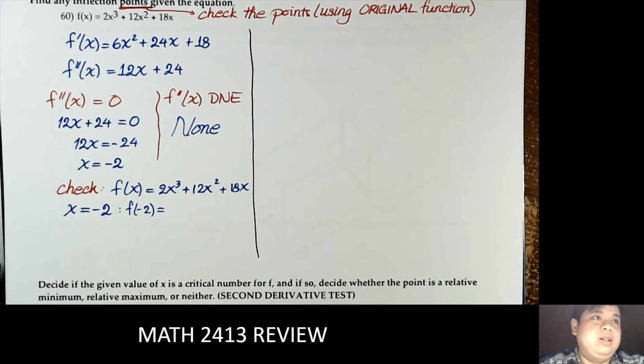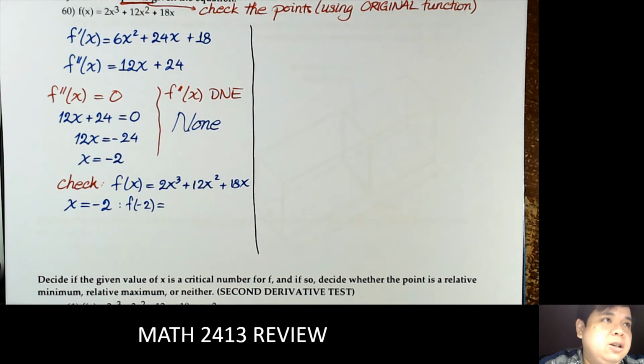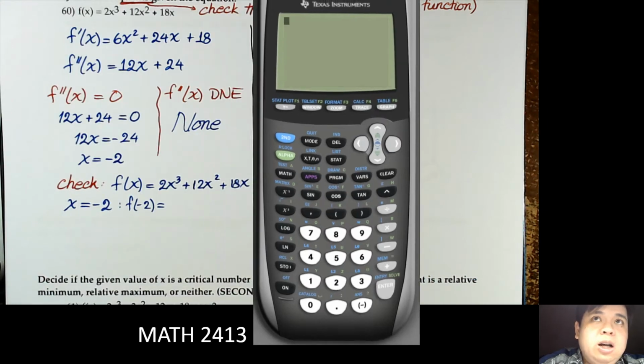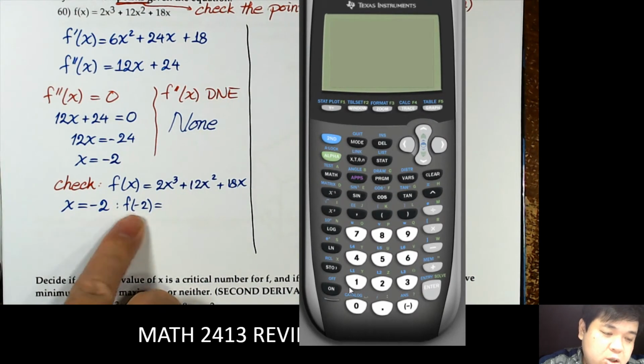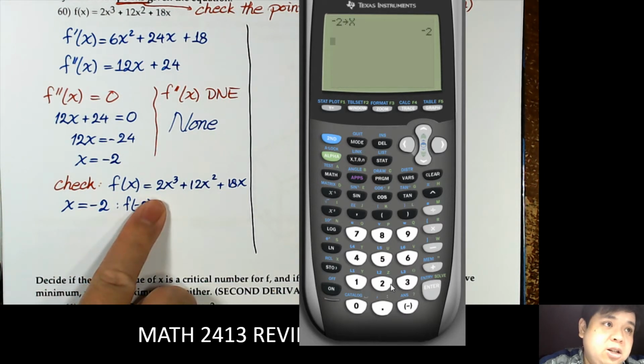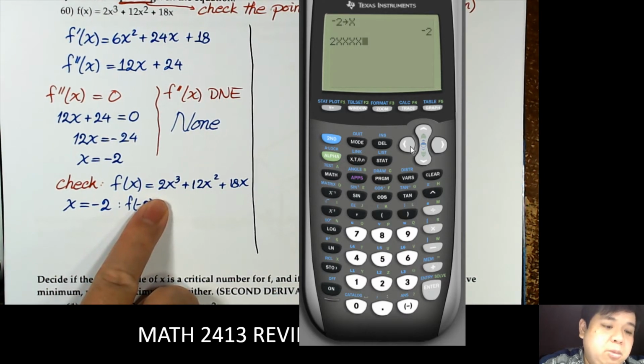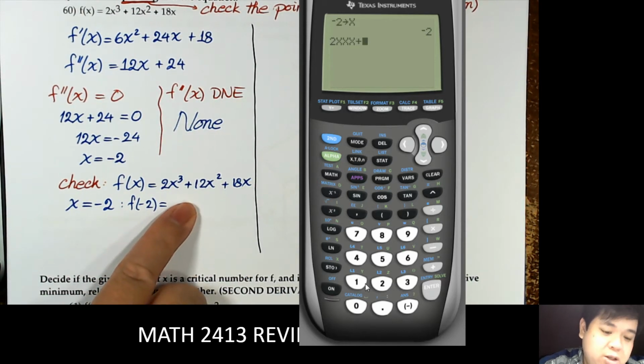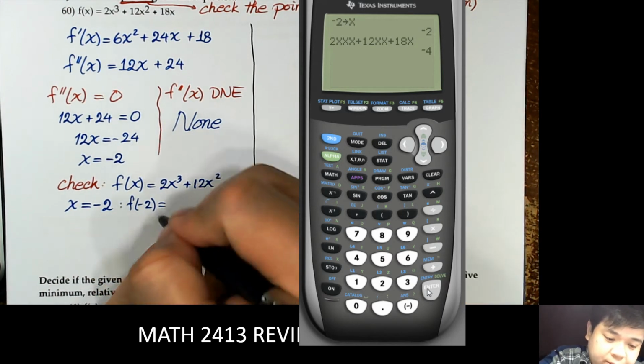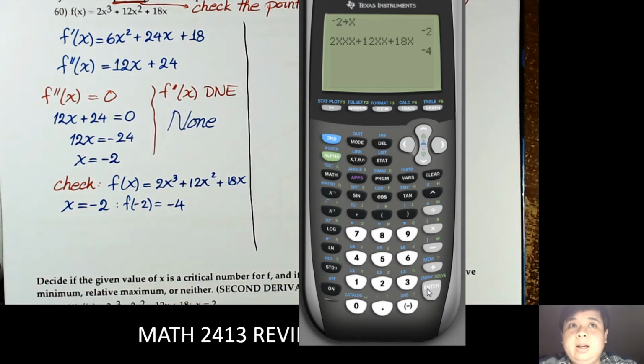I just use the calculator. If we just evaluate at one point, I think the fastest way is to store the number into x. Negative 2 store into x, and then just enter the function. Because we only have one value to evaluate, we don't have to do much. That gives us negative 4. We need to check the point.